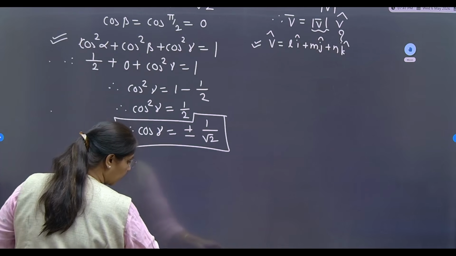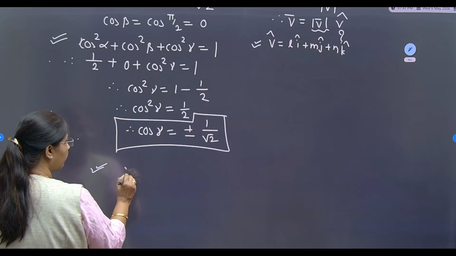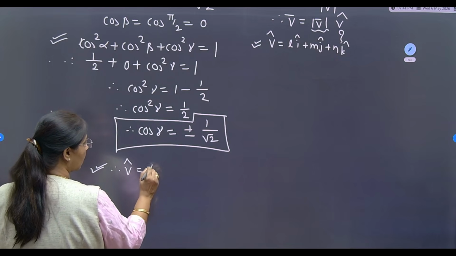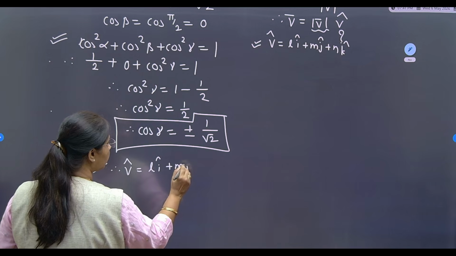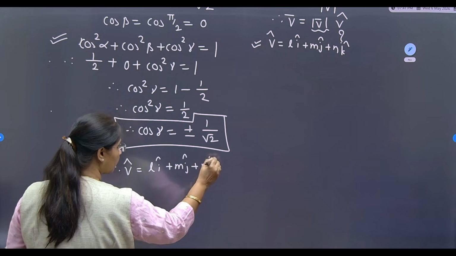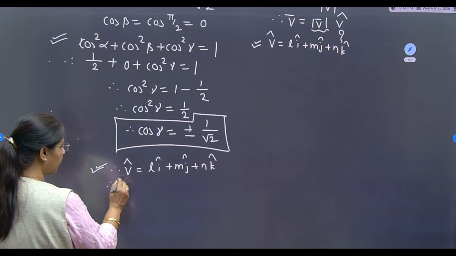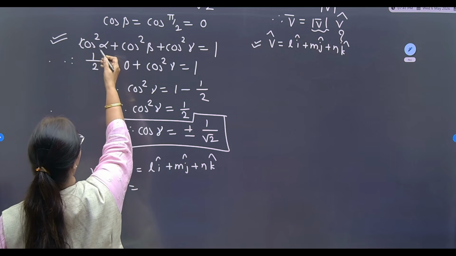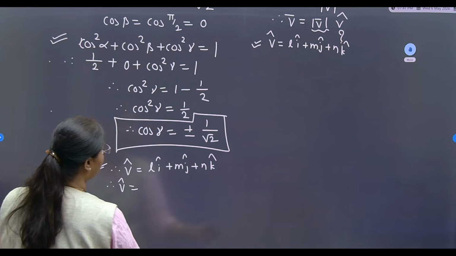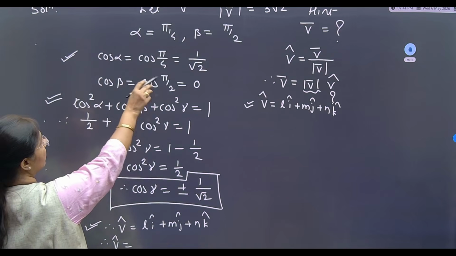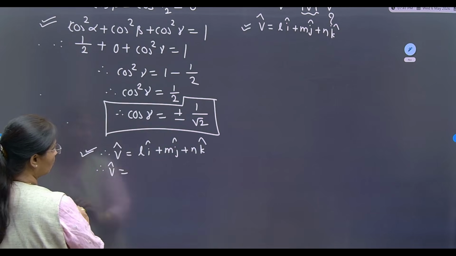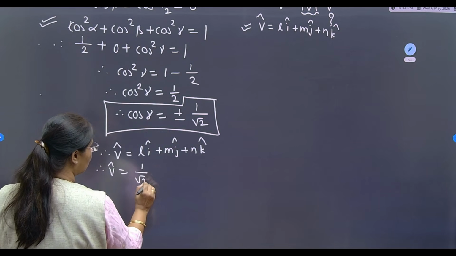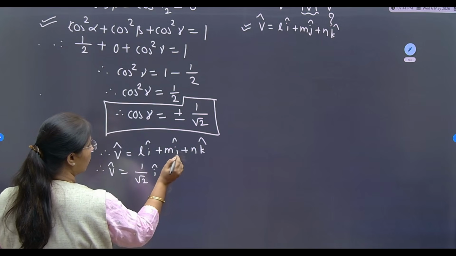Then next step. Therefore V cap is equal to L i cap plus M j cap plus N k cap. We know that L is equal to cos alpha, and cos alpha is equal to 1 by root 2. So 1 by root 2 into i cap plus M j cap.